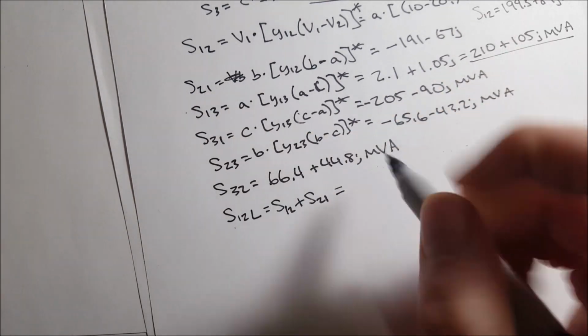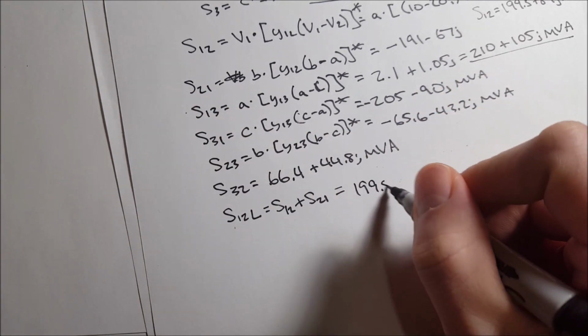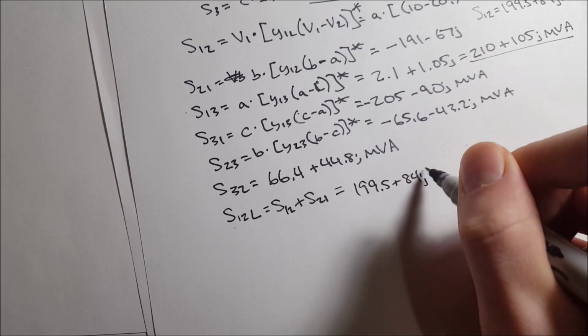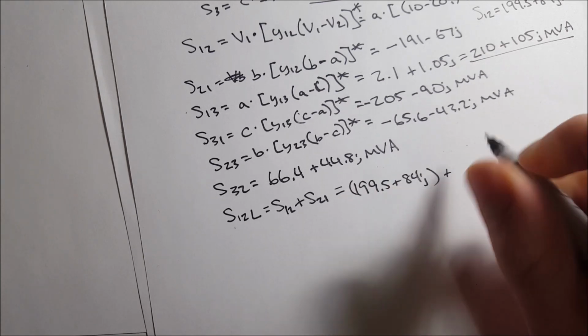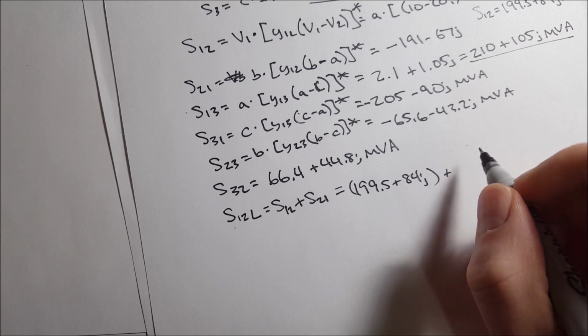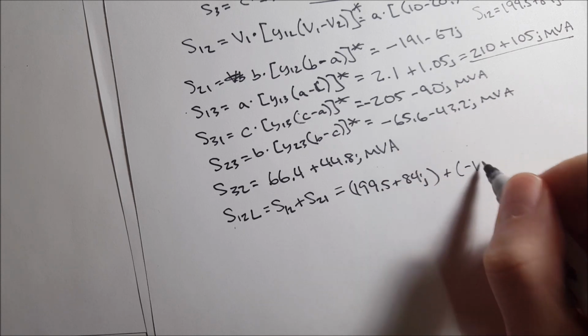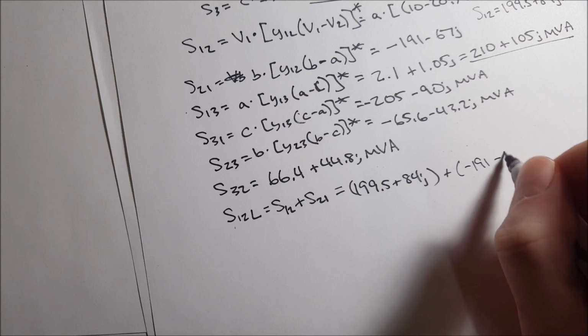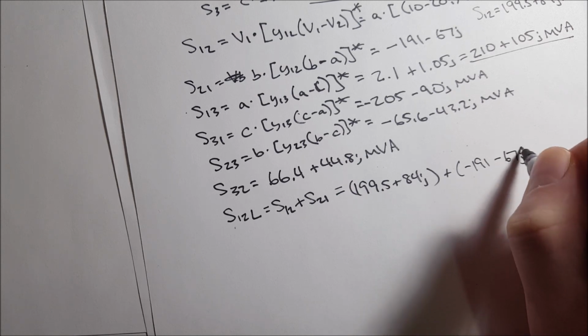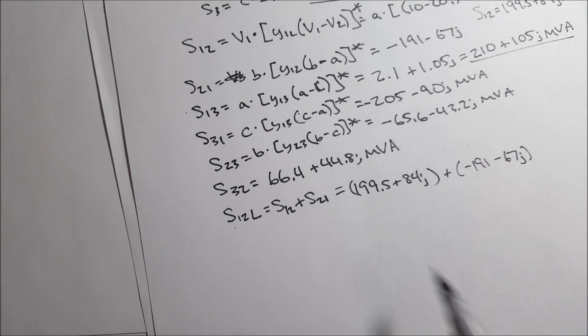So we've got 1, 2 is 199.5 plus 84J plus 2, 1, 181. You can kind of see how that works out already.